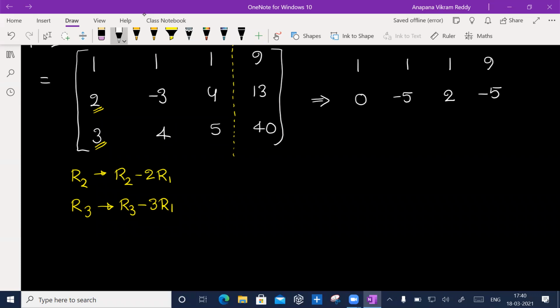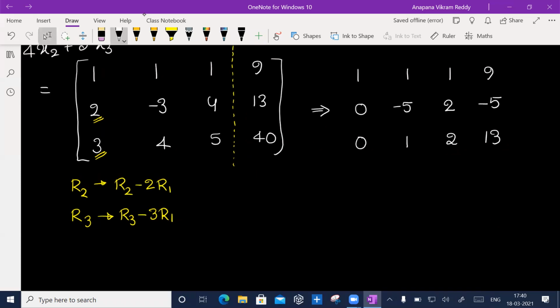And what about row 3? 0, and 1 to 13. So you have this, and this is the segregation, the augmentation, where we are augmenting the coefficient matrix with the right hand side column.